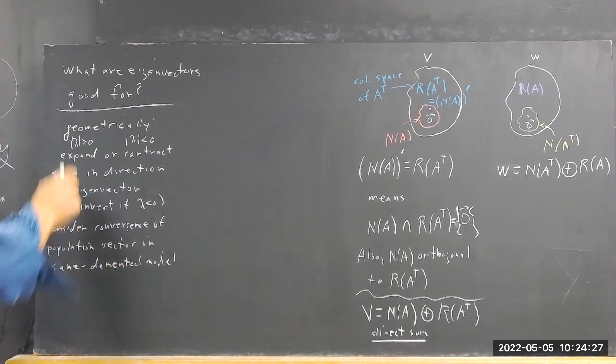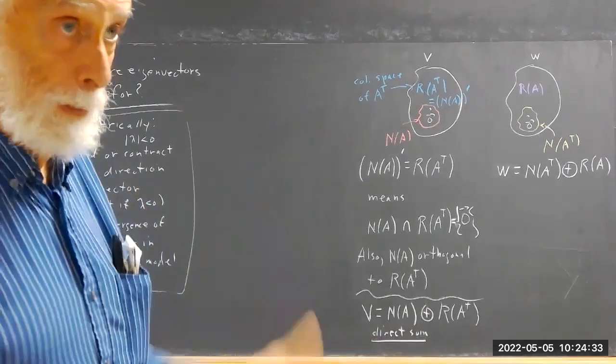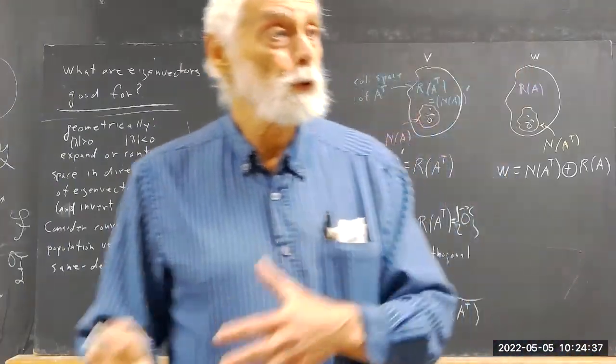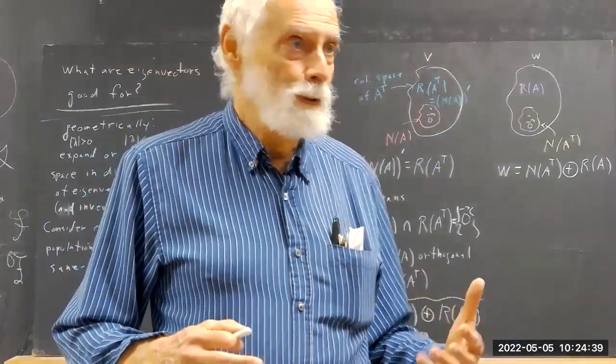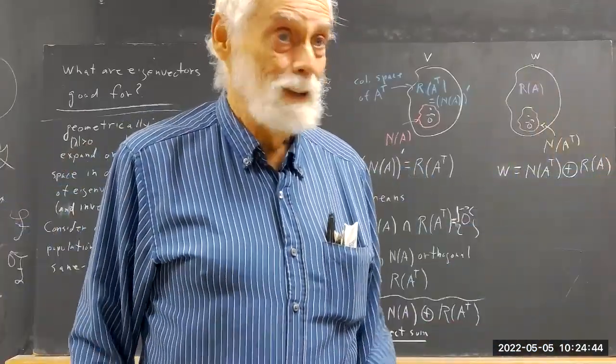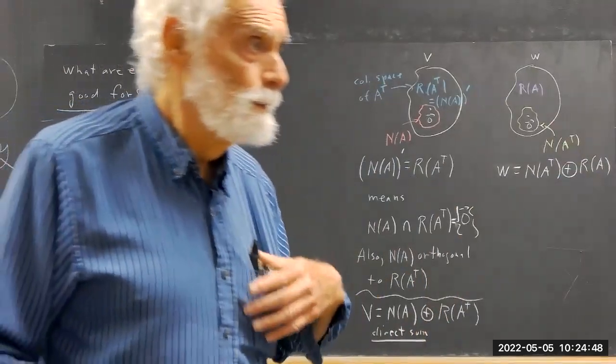Consider the convergence of the population vector in the same dimensioned model. Because as your author very clearly states, you use your intuition in 2 and 3 dimensions to develop a geometric intuition about higher dimensions. You can't actually visualize them, and we've said it many times, use that insight.